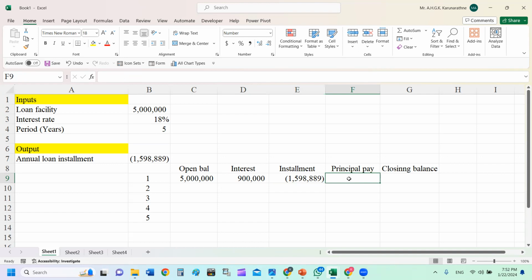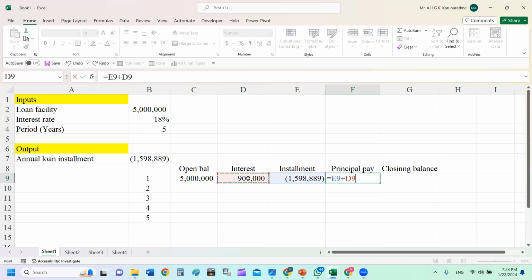Principal payment, the loan repayment, equals installment minus interest. So this is the loan reduction. That means even if you pay 1,598,889, the loan will not be reduced by the same amount. From the installment, they cover the interest, and only from the difference will the principal, the initial loan, be repaid.